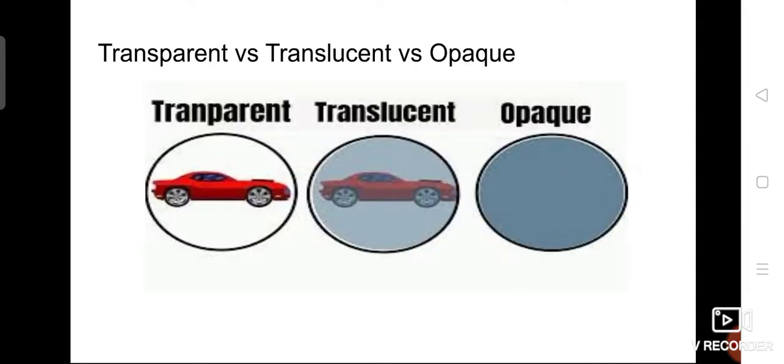So look at this screen. This screen gives you a fair idea about how transparent, translucent and opaque objects would be. Let's see this. I'm going to give an example. Here one card is given for transparent, translucent and opaque. Three images are given on a single screen. When you look through a transparent object like glass, you can clearly see the car. Imagine a car is in front of you, but you are not seeing it directly.